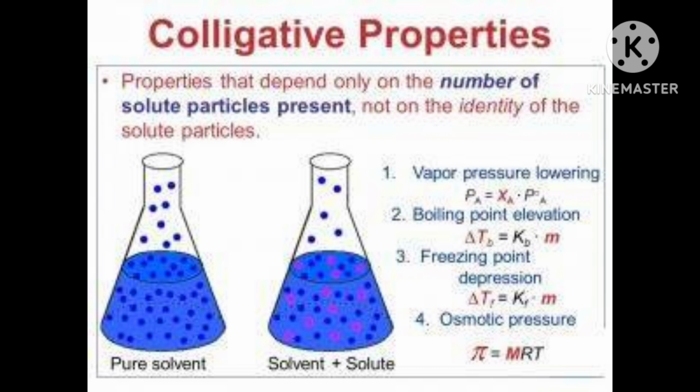This concept is very, very important, and due to this difference of vapor pressure, all four colligative properties that I told you depend only on this. Every time you will use this. Okay. This is the mathematical part; actually, you can calculate in your mind. It is not very long. The concept is very, very important.